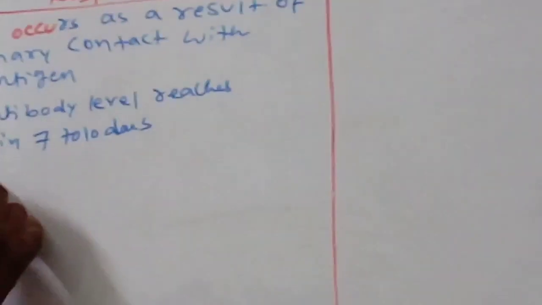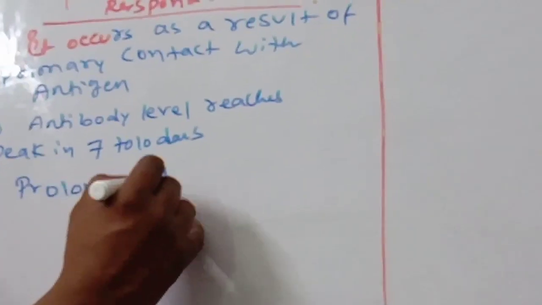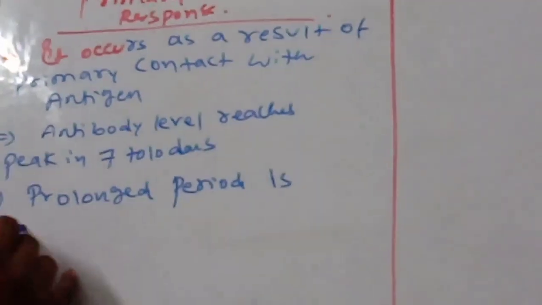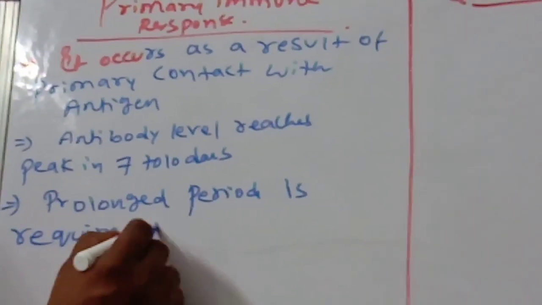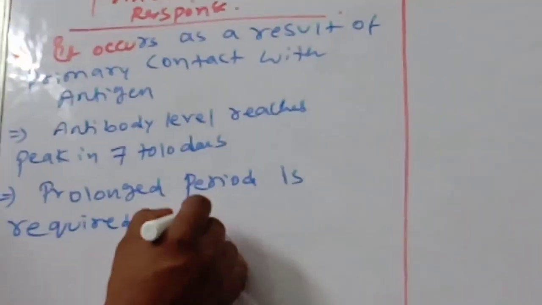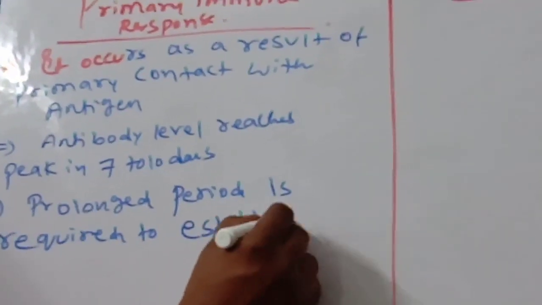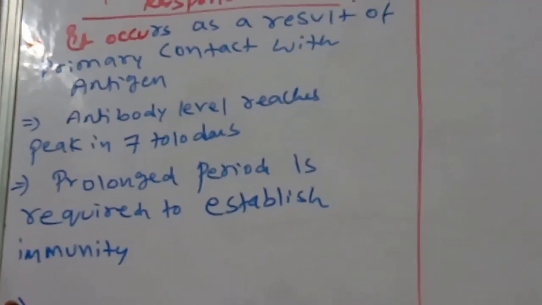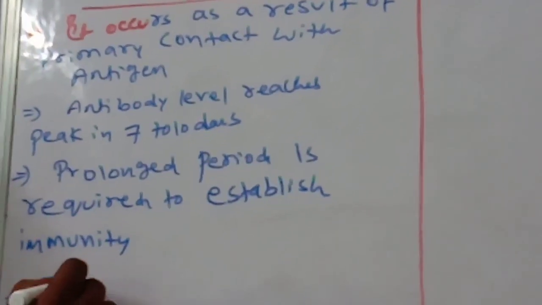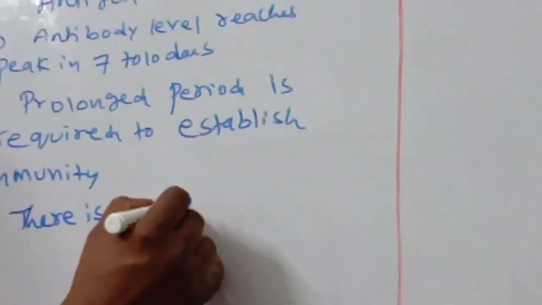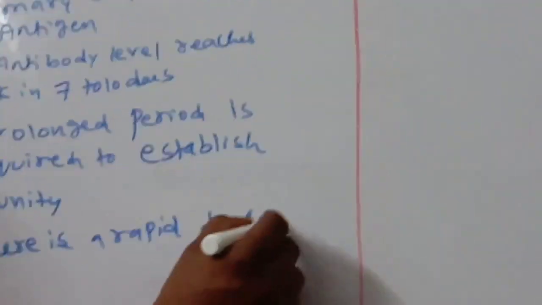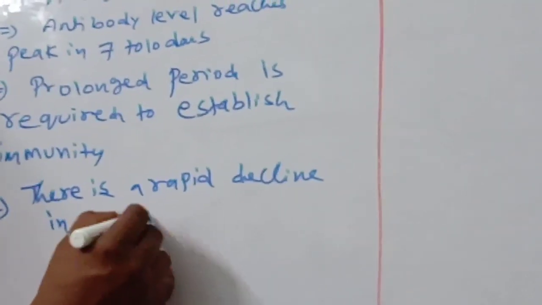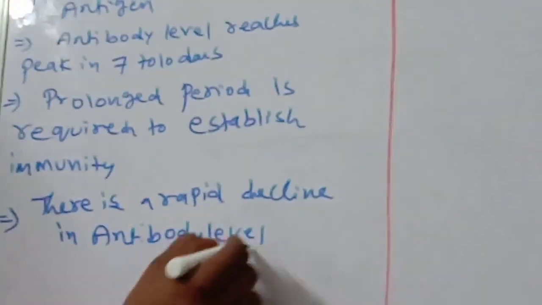Next, a prolonged period is required to establish immunity. Okay, children. The next one: there is a rapid decline in antibody level, it will be reduced.